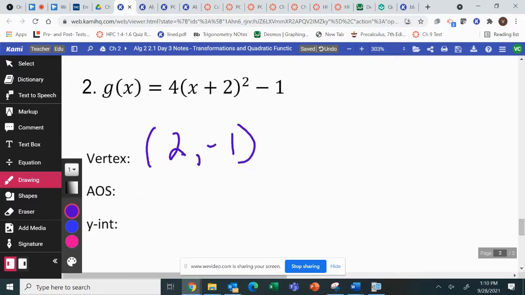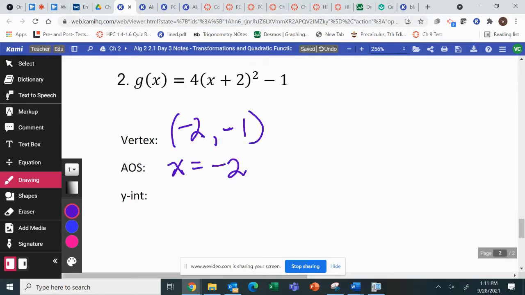Is this what you said? It's -2, right? -2, -1. That is the correct vertex. Axis of symmetry, Sela. -2, yeah. x equals -2.